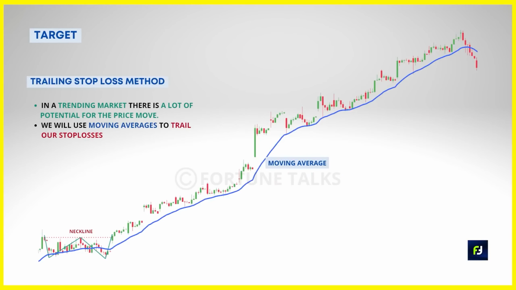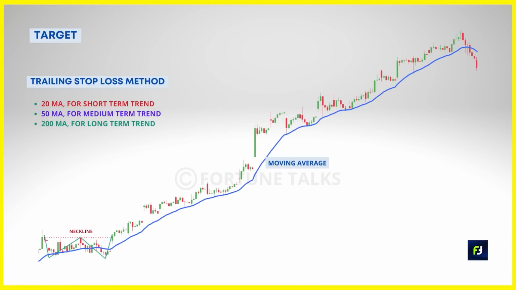But unlike the price projection technique, the trailing stop loss method does not have a fixed target. Instead, we trail our stop loss as the price moves in our favor so that we can ride the entire trend. So the first step is to decide on the type of trend you want to capture, whether it's a short-term, medium-term or long-term trend. Then you can trail the stop loss with the appropriate moving averages like the 20 period, 50 period or 200 period moving averages respectively.